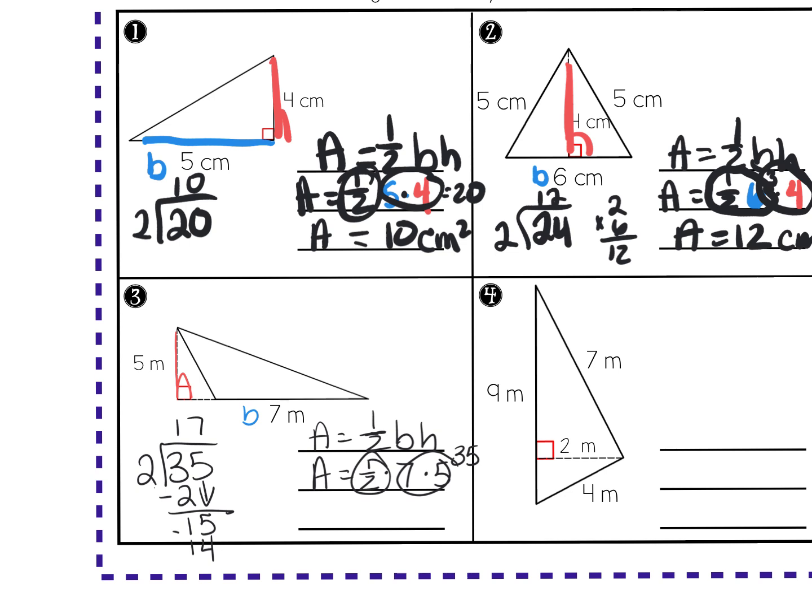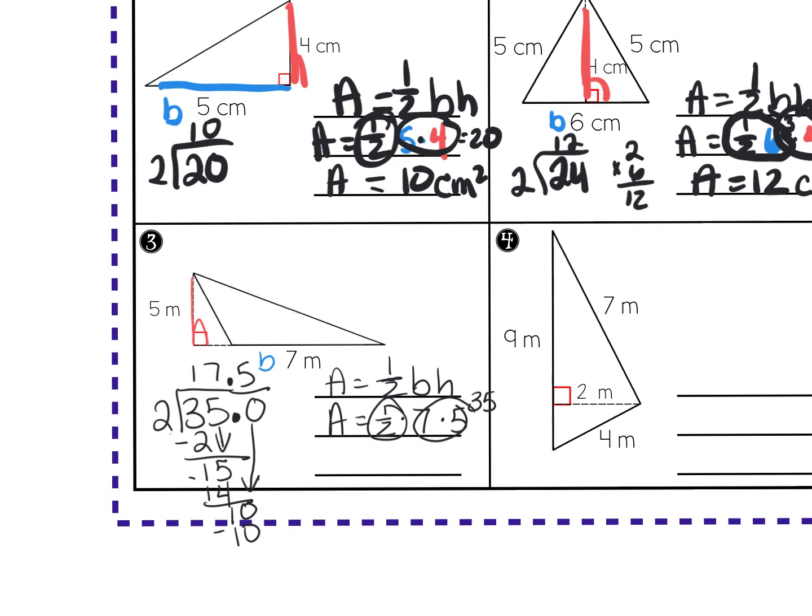Now it's 7 times. I have a remainder of 1. Now I don't have another number to bring down, so we're going to put a decimal and add a 0 and bring that down. So 2 can go into 10 5 times, and that's exactly 10. So that's 0, that's done. So my area is 17.5.